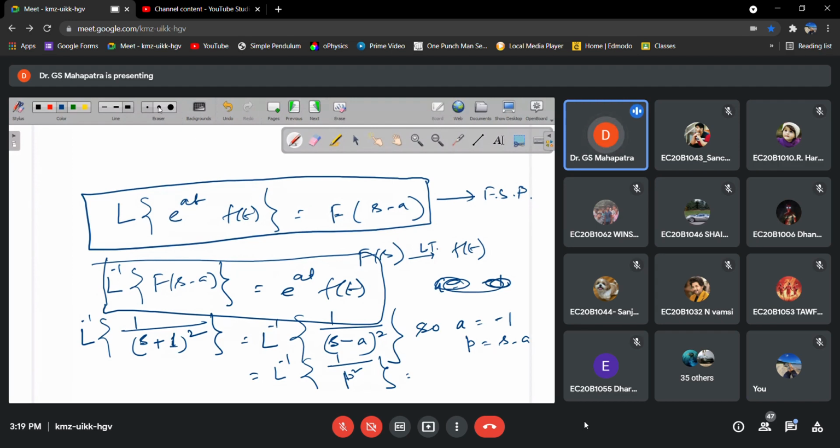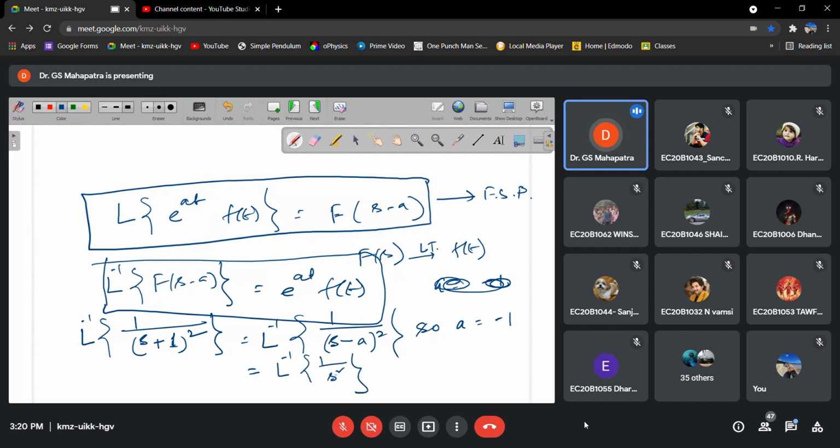So I will erase again for your understanding. Up to this one is clear. a is minus 1. Now just see this one. You can write F of s, the inverse transform of 1 by s square.